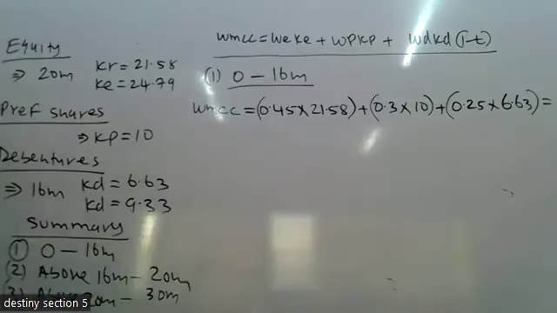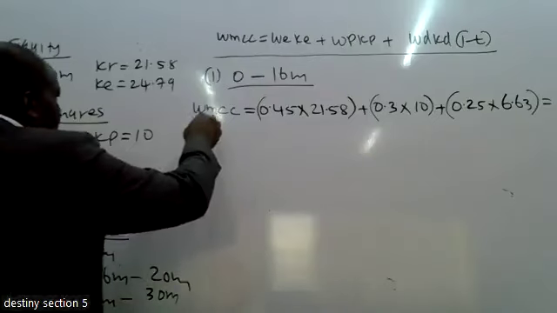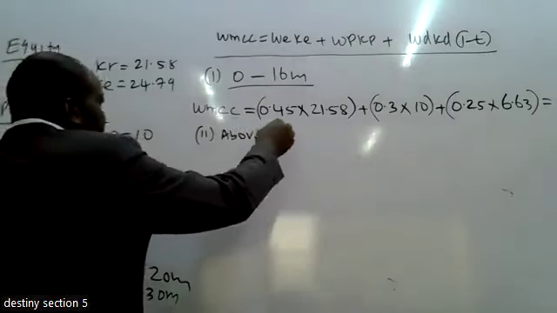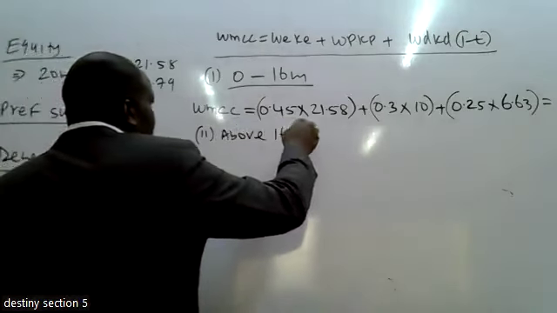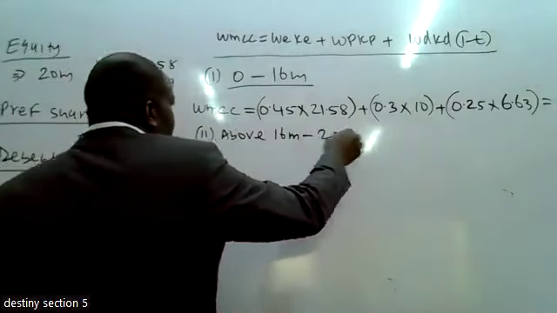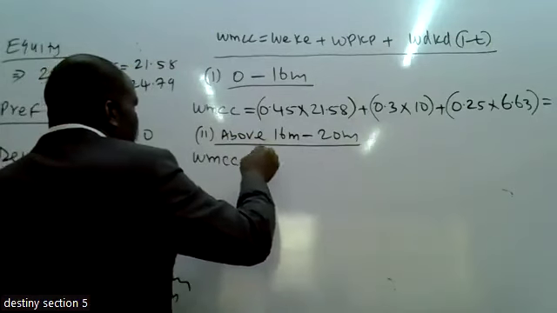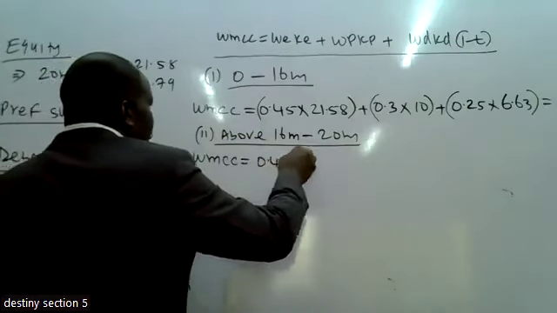So the next one is supposed to be above 16, 20. The second one is above 16 million. So this one, the new terms, 0.45.